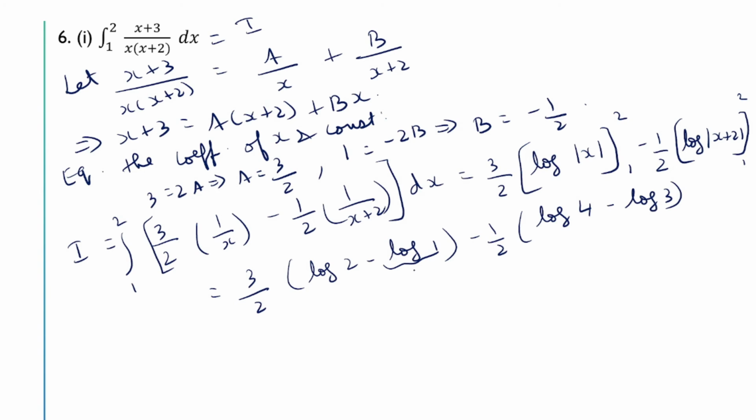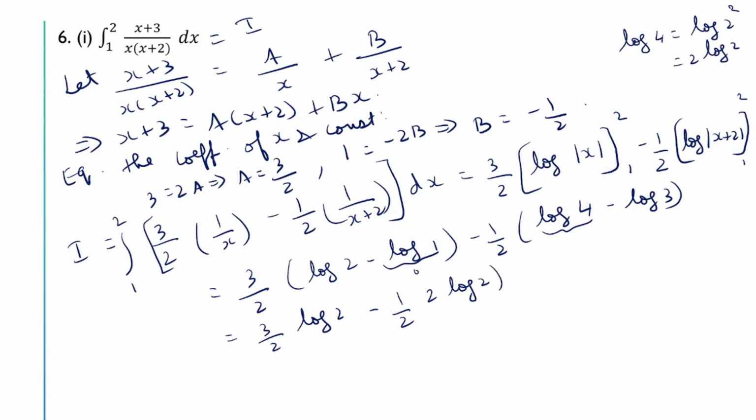This log 1 is 0, so this is equal to 3 by 2 log 2 minus half log 4. We can write log 4 as log 2 square. Log 2 square is nothing but 2 log 2. So here minus half into 2 log 2, then plus half into log 3.